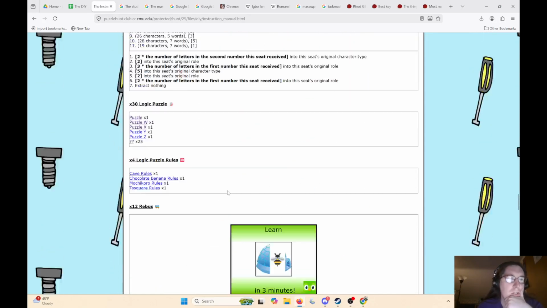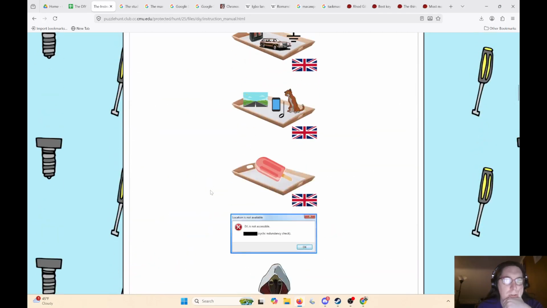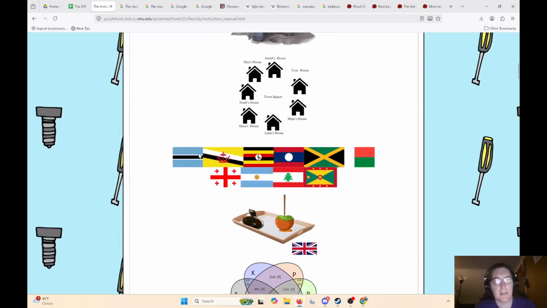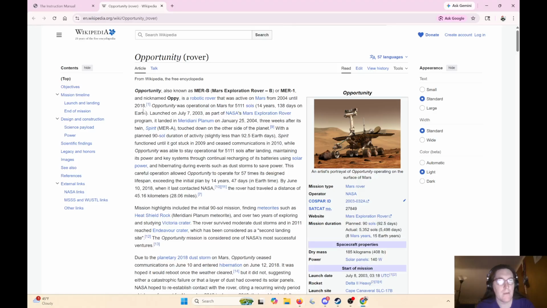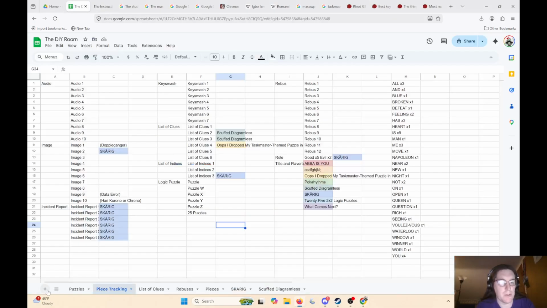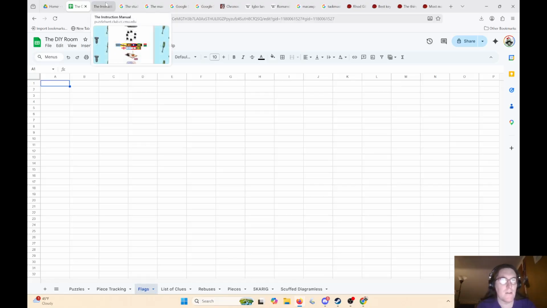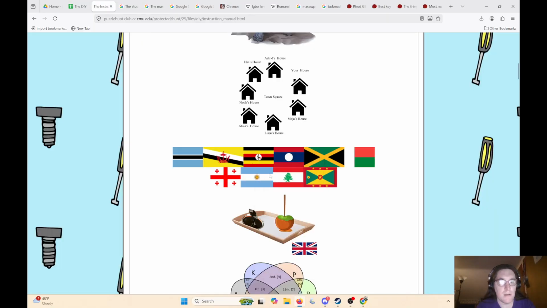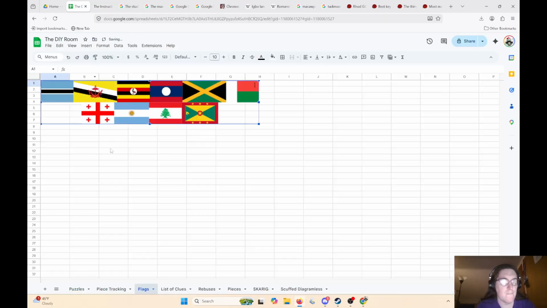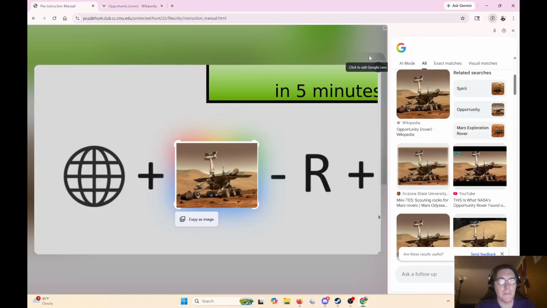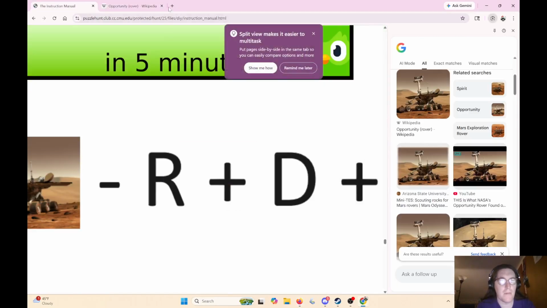What else can I be doing to break into stuff? I mean, I can identify these flags, right? I don't know what puzzle it goes with yet, but there's flags to identify. I'm just going to pull it up.